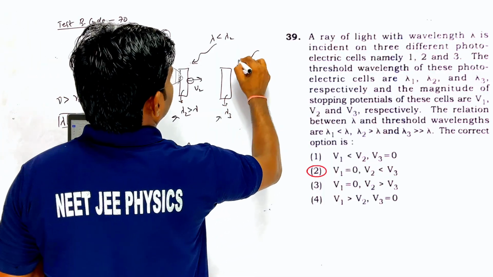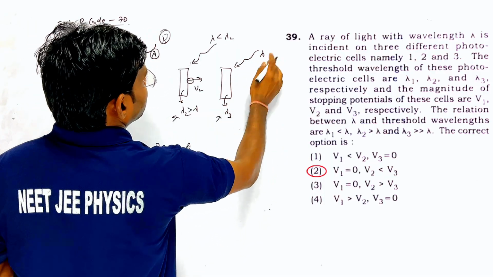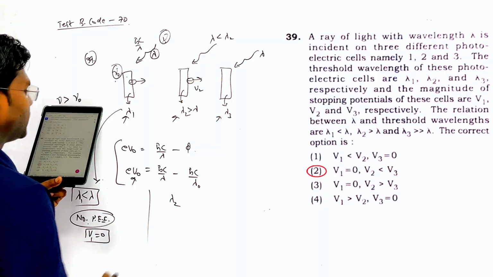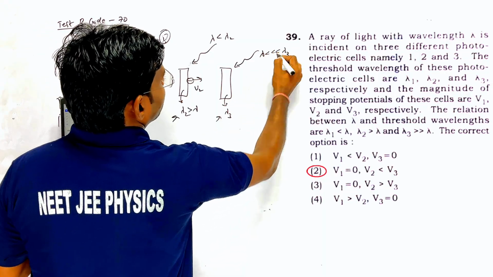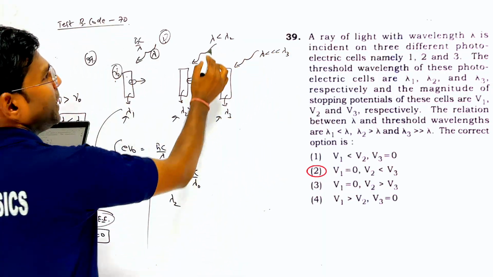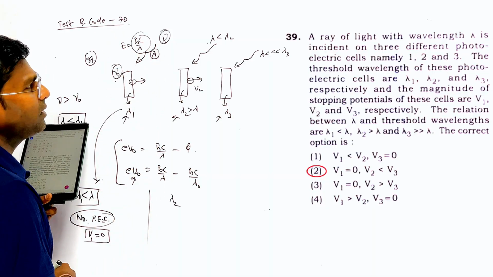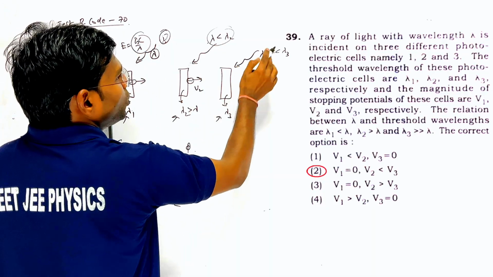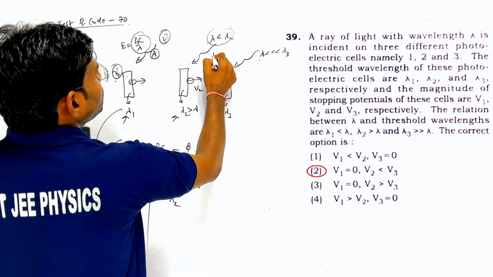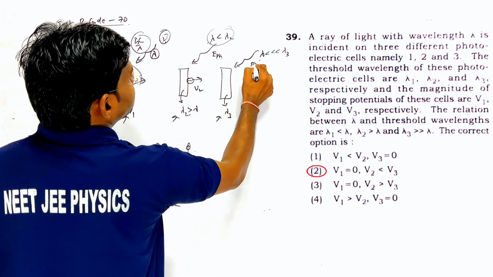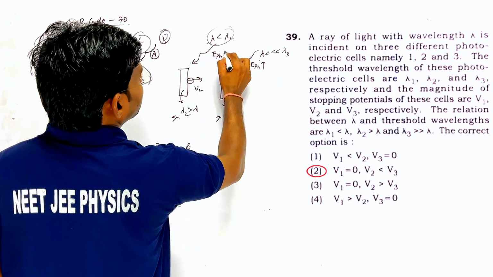But here, listen one thing, this lambda is very much less than lambda 3. It means, as the energy of the photon is hc upon lambda, if the wavelength is continuously decreasing, the energy of the photon is increasing. Is it clear or not?